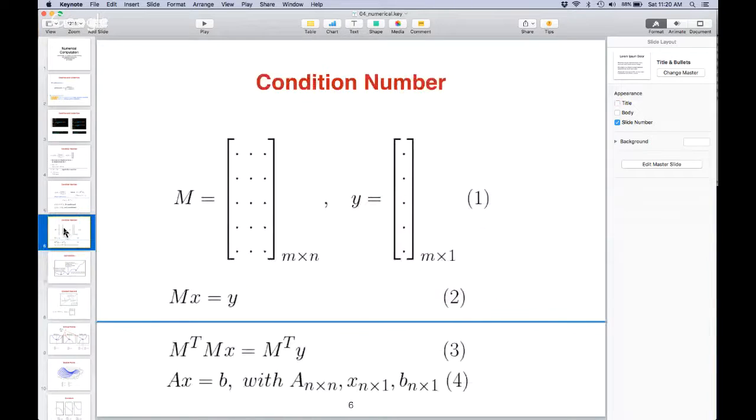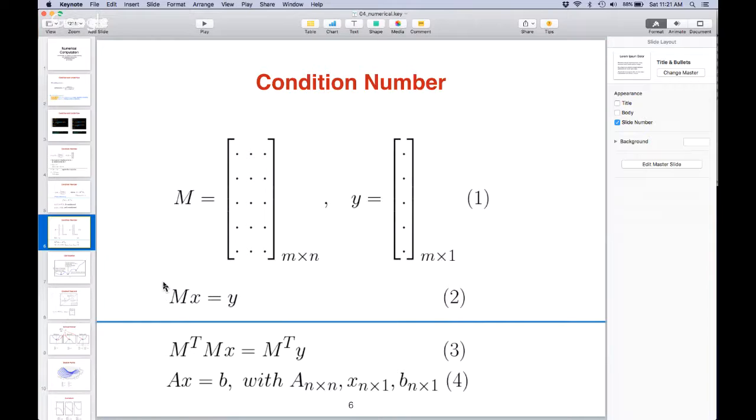So, again, in machine learning, a typical problem can be boiled down to an underdetermined set of equations, Mx equals y, where the solution space is multidimensional.